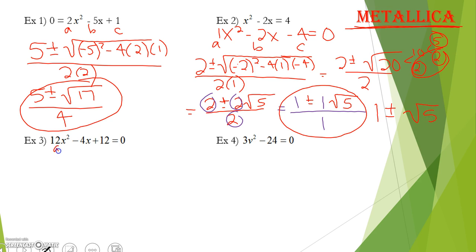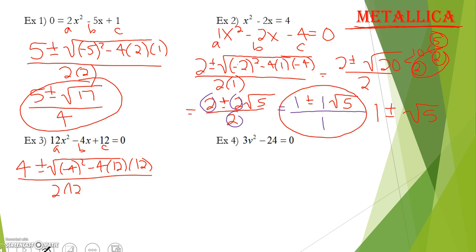Next one, I have my A, B, and C. So negative B, make it a positive 4. Plus or minus the square root of -4 squared minus 4AC. And it's all over 2A.